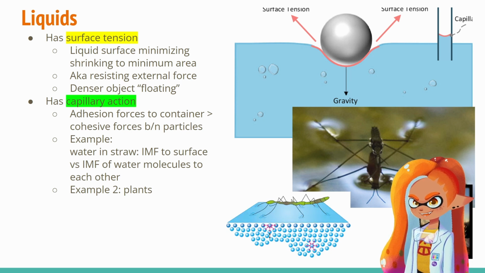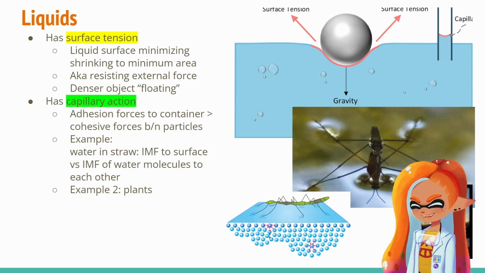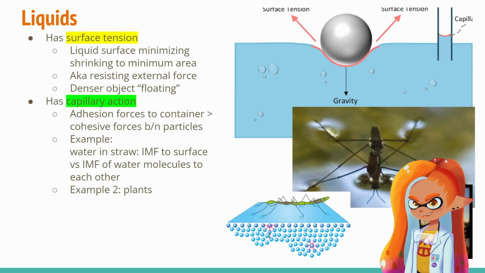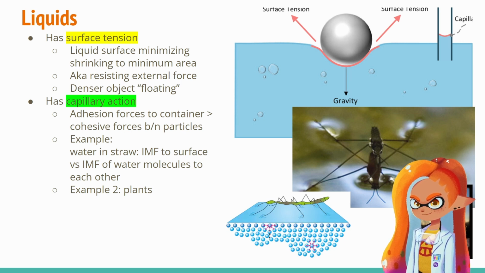So the plant itself, like the roots and the stalk and whatever else, depending on what plant you're talking about, has IMFs interacting with the water in order for it to travel where it needs to in that plant. So that is another example of capillary action.